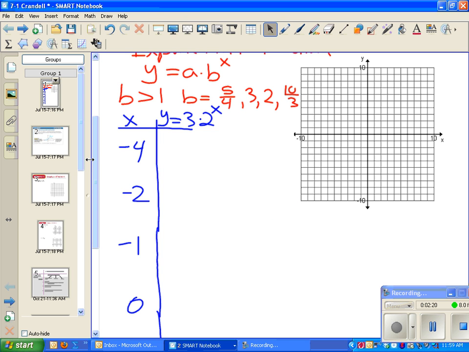Let's see, and if you're not sure how to do that, watch me for the first one. So we have y equals 3. I'm not going to write the y equals part. So we have 3 times 2 to the -4 power. And then that is unhappy upstairs, so we're going to move this downstairs. So the 3 stays in the numerator. This becomes 3 over 2 to the 4th power.